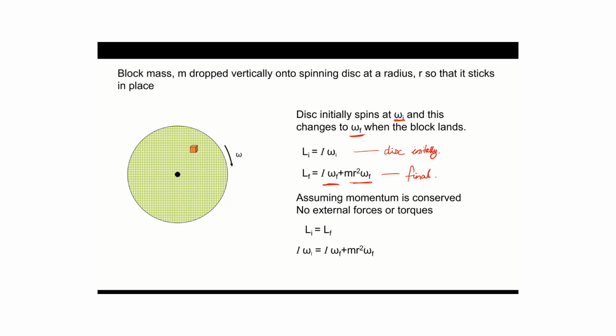And again, we're assuming it's small compared to the size of the disk, so we're assuming it is a point mass, and we can use the mr squared. So we link the two together and we end up with this. And again, we could use this type of thing, assuming we know the measurements of omega I, omega F, and m and r. We could actually use this to calculate the inertia of the disk.